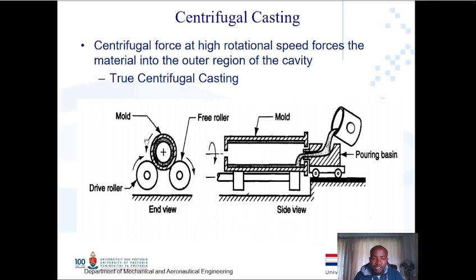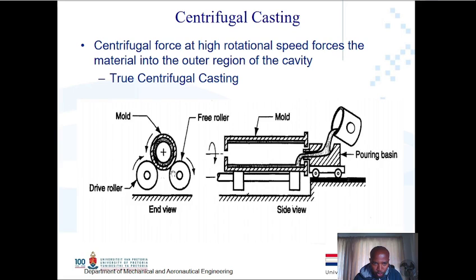For centrifugal casting you have the mold, which I can now start indicating with my mouse over here, and you have a driver roller which will be responsible to drive the mold. So let's just recap that. You will have a drive roller, and then you will have the mold. Inside the mold, that is where you're going to pour your molten metal, and then you have a free roller, but this roller is just there to control and balance your mold.